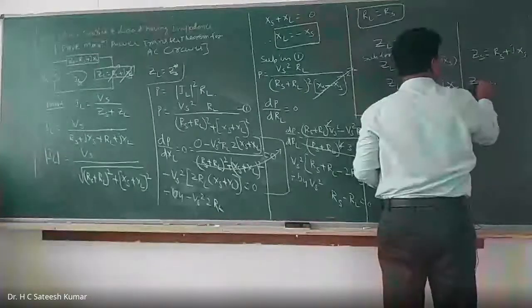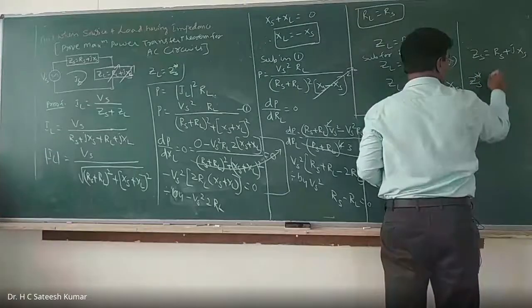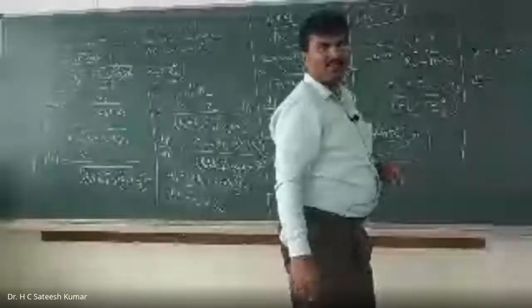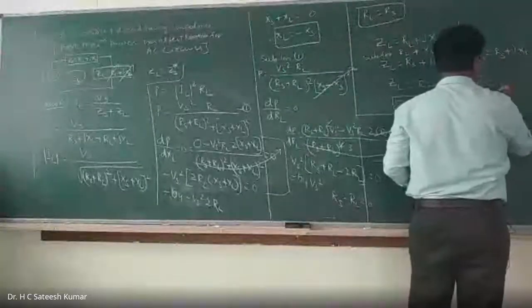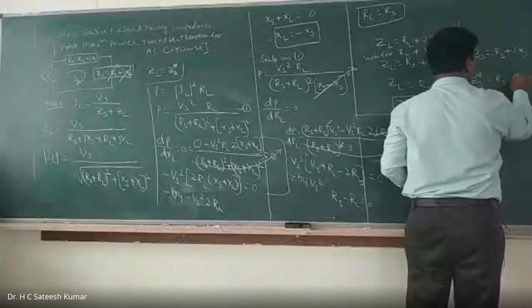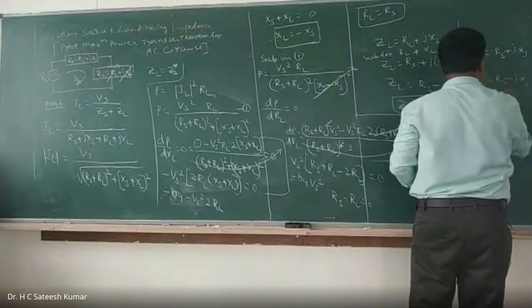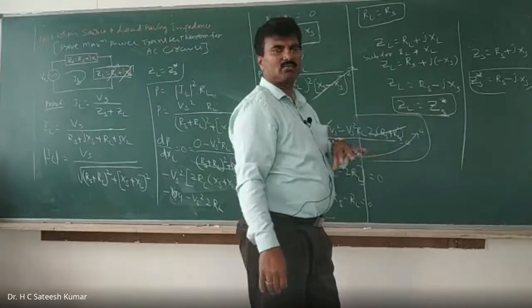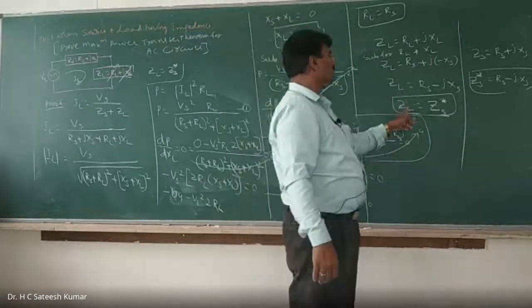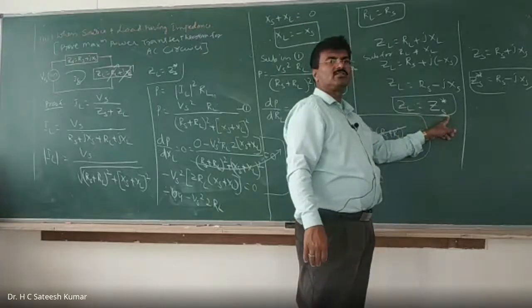Therefore, Zs star, the complex conjugate, is what? The complex conjugate of x plus jy is x minus jy. Therefore, the complex conjugate of Rs plus jXs is Rs minus jXs. So for maximum power transfer, when the load as well as the source has impedance, the load impedance is equal to the complex conjugate of the source impedance.